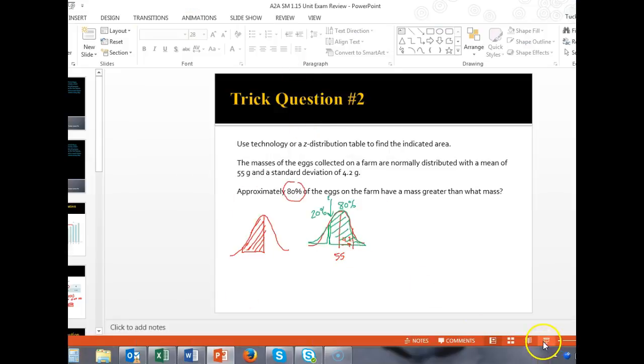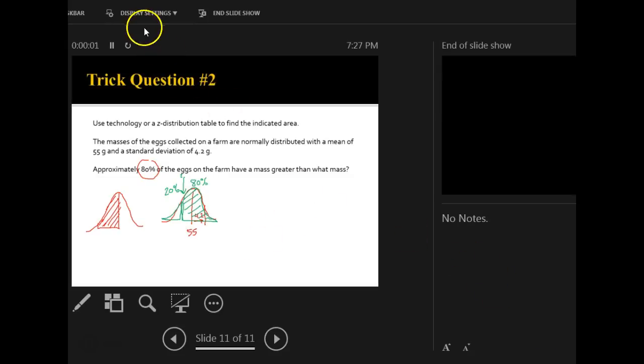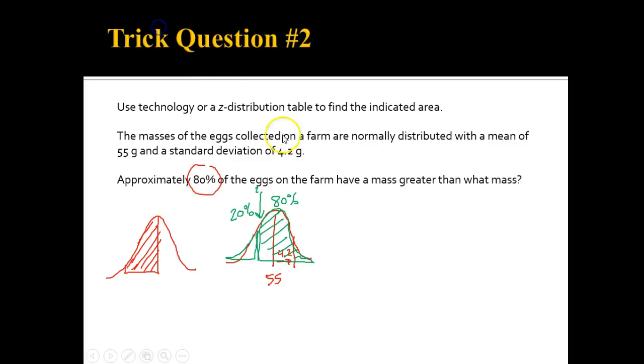And we will resume the slideshow. Let's do that again. So my z-score, get my pen back out here, my z-score for the number where 20% or less than is negative 0.84. I think that's what I said. So there's my z-score, and now I want to find out what that number is.